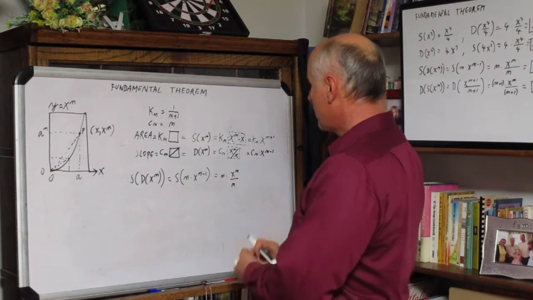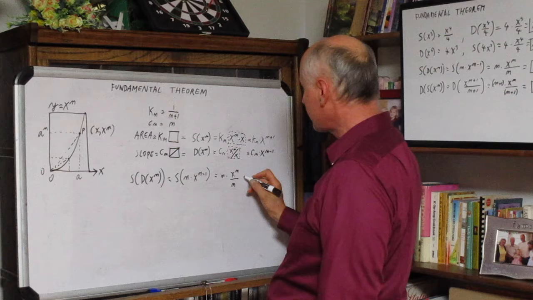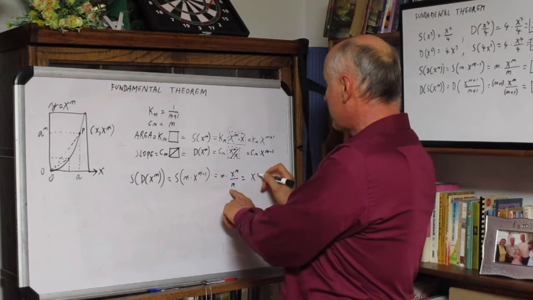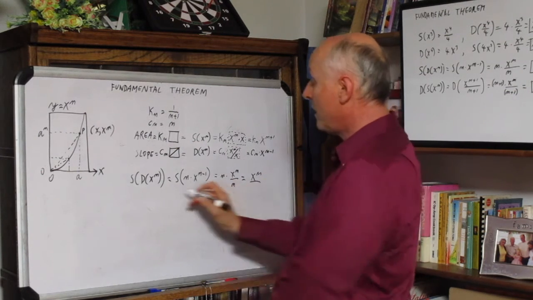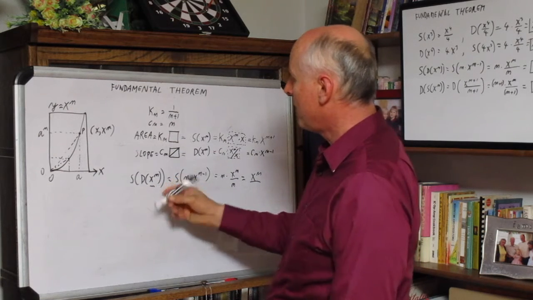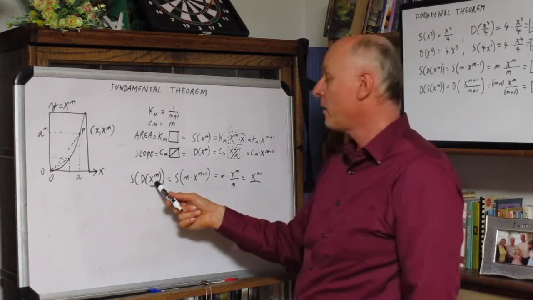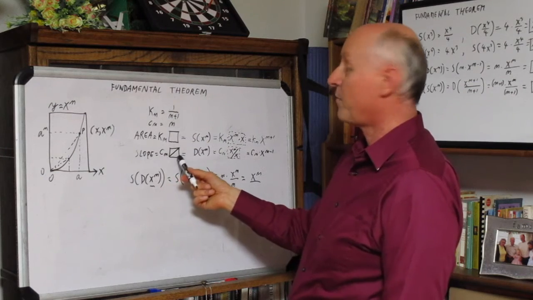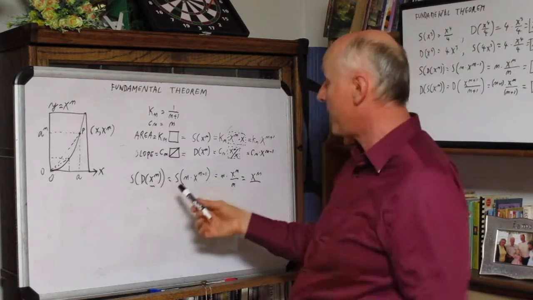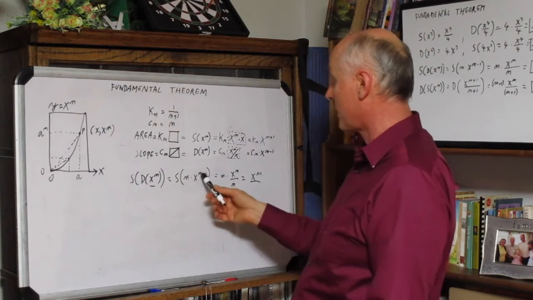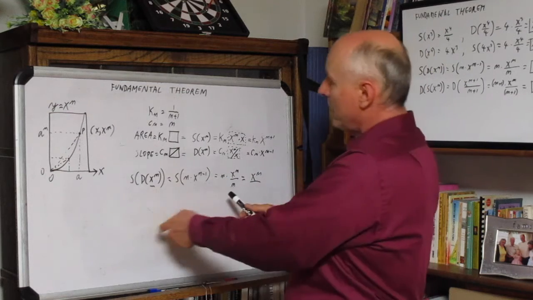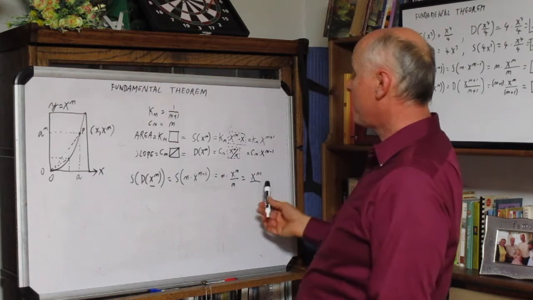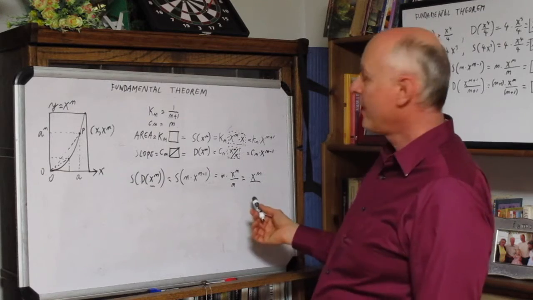So we can already see n cancels n, and you end up with x to the n. Your original function, you took the slope of it, the slope operator, a box operator, which gives you another function, n x to the n minus 1.